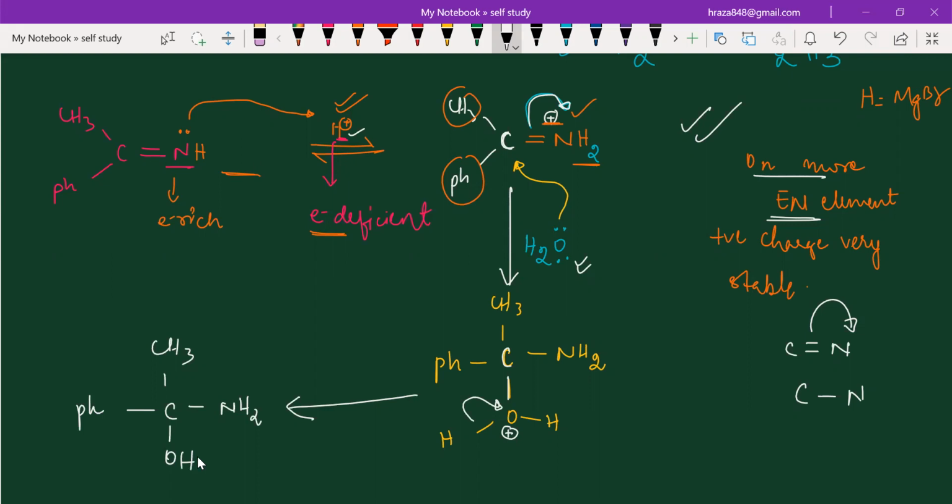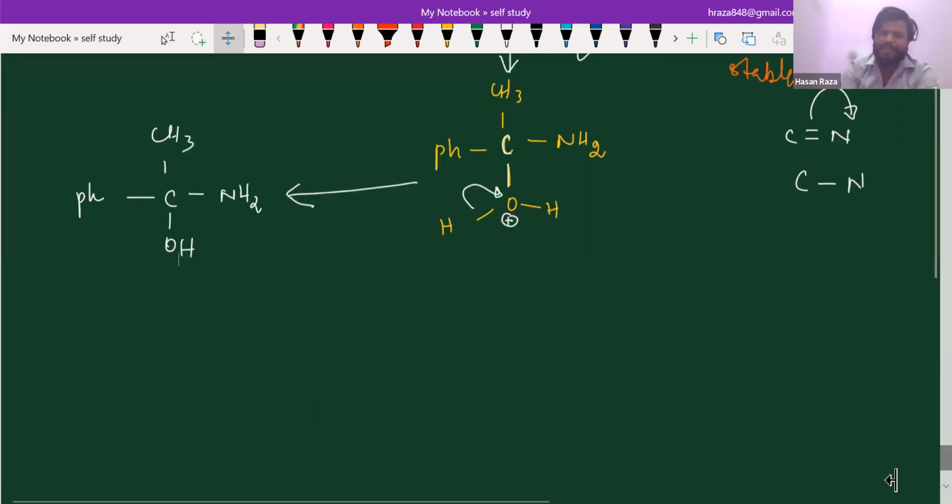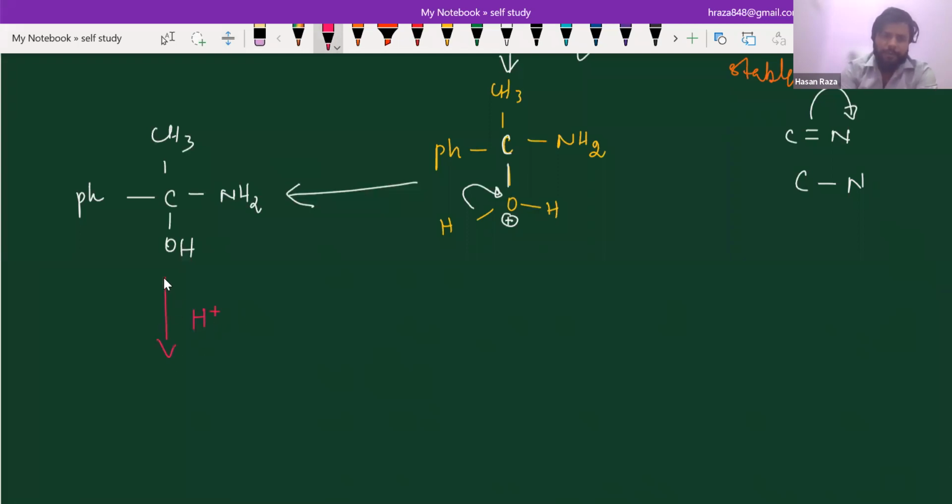Yes, sir, clear. Now see, again H plus will come into play. This is the mechanism that I am explaining. H plus will come into play, and since this nitrogen again has a lone pair, it will attack there. Again you can see this is CH3, this is pH, this is OH, and this is basically NH3 positive.